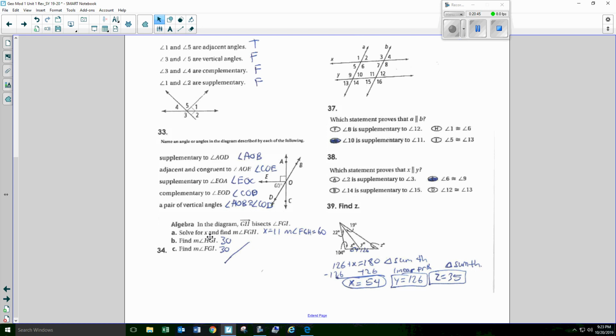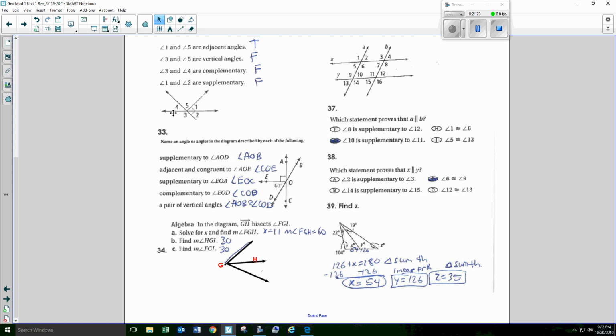All right, in algebra it says ray GH bisects angle FGI. Okay, solve for X. I didn't actually draw it out there. It says GH, so it has to be G. Point on here would be H, G, and H. As it says, bisects FGI.